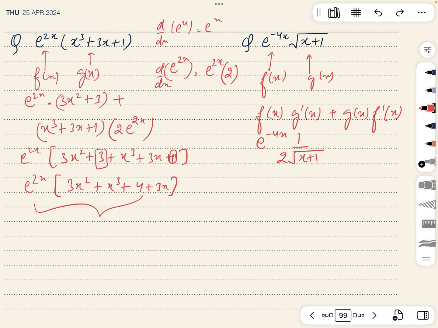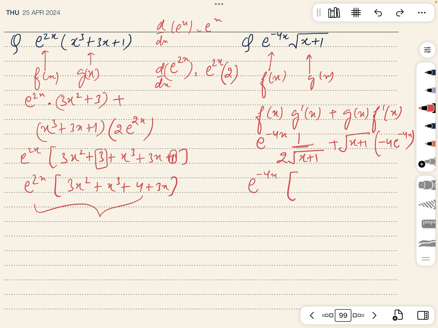So that's it. And then we'll go ahead plus keeping g of x as it is. So g of x is root of x plus 1. Differentiation of f of x will be minus 4 e to the power of minus 4x. Now let's take e to the power of minus 4x common.